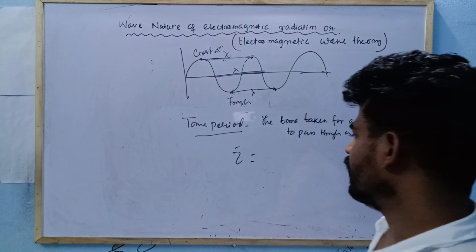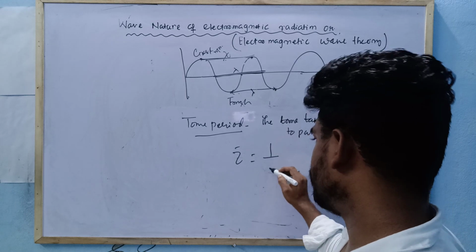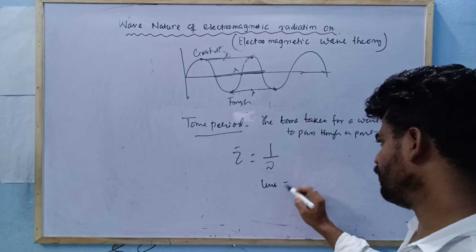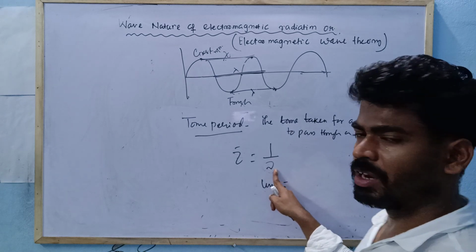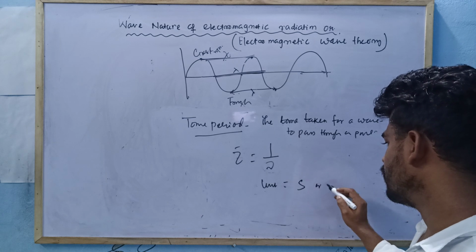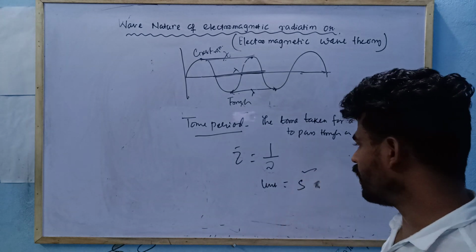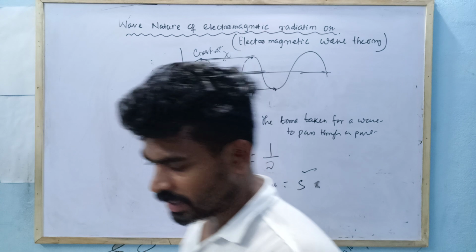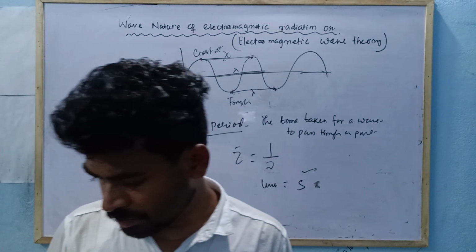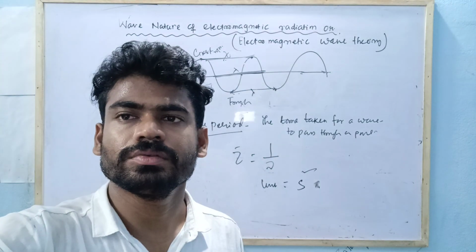Simply, it is the reciprocal of your frequency. Frequency is the reciprocal of time period, second inverse, so the unit of time period is simply second. Clear? Very good.